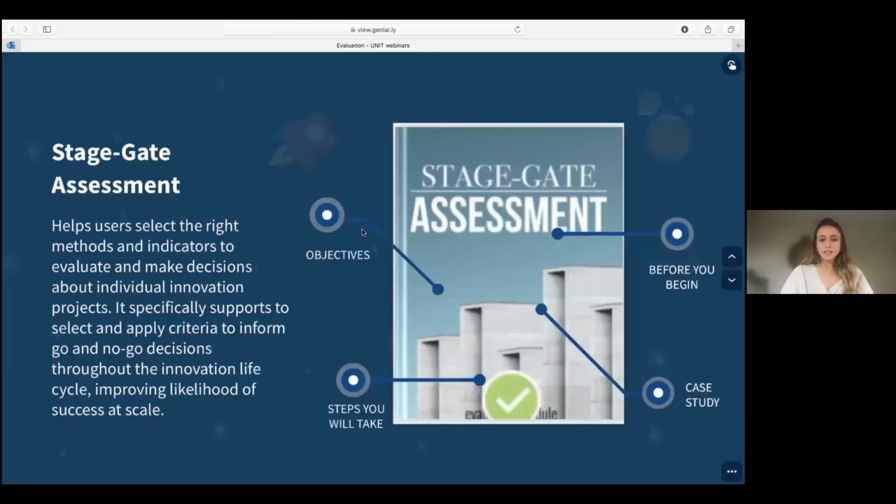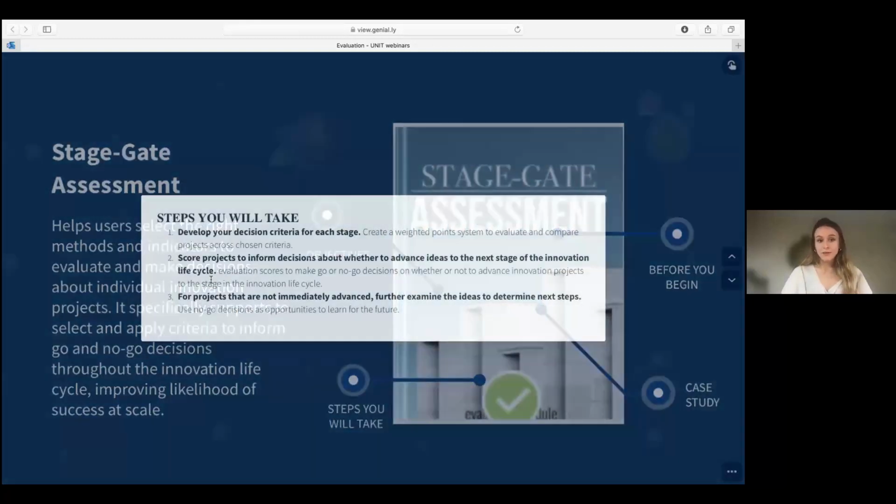The steps that you will then take: the first step is actually critical, where you have to develop your decision criteria for each stage, as well as the point system to evaluate each criterion. The second step is to score the projects on each criterion based on the point system that you have decided in the previous step.